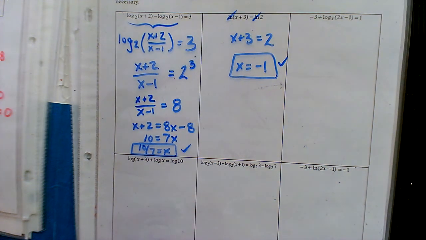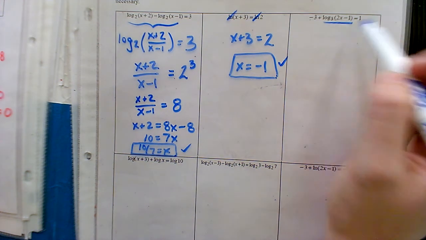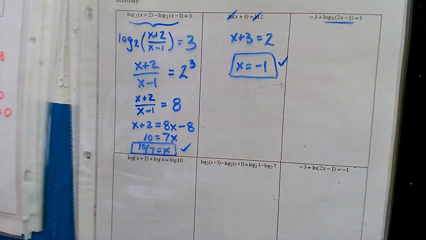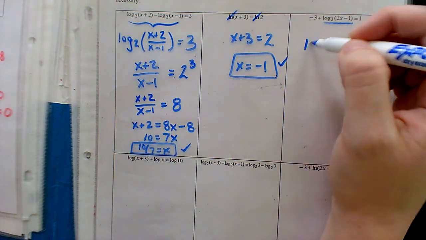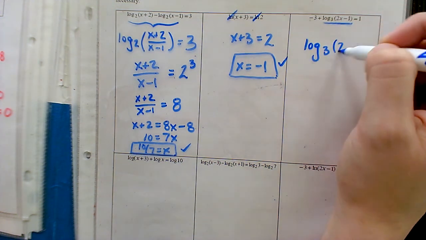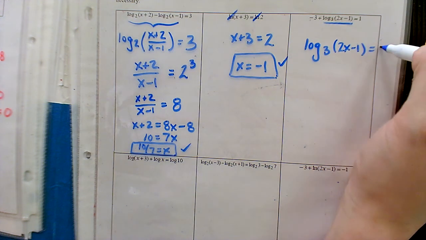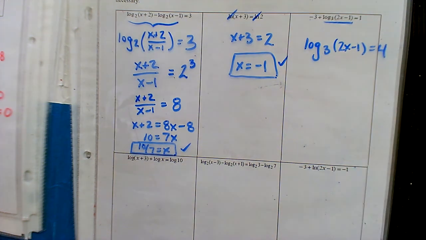Let's try the next one. All right, so we have one log in our equation. We're going to try to get that all by itself. Maybe we'll move over the negative 3. So we'll get 4.